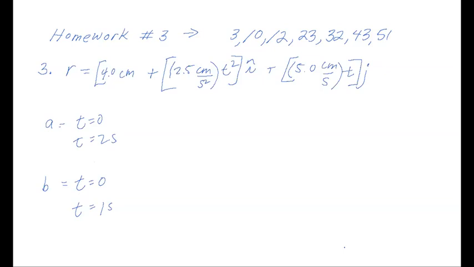So let me get some board space. All right, the average velocity equals R2 minus R1 divided by T2 minus T1. All right, so we have at t equals 0, R equals 4.0 centimeters i.